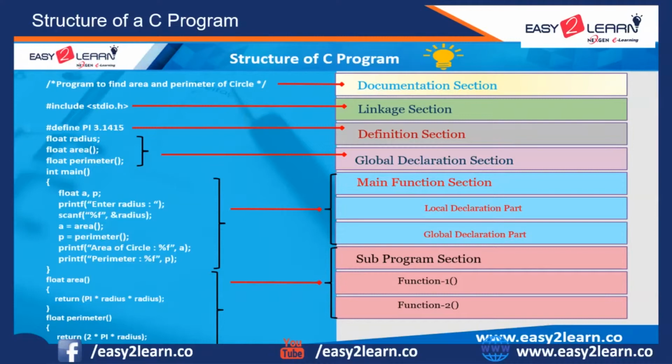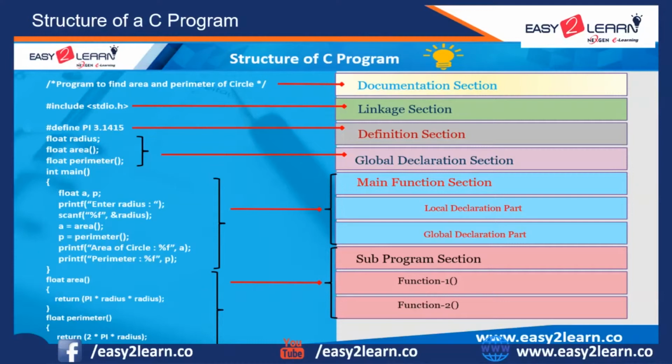This section is helpful to connect or call supporting files to the current program. The section provides instructions to the compiler to link related functions from the header file or system library.